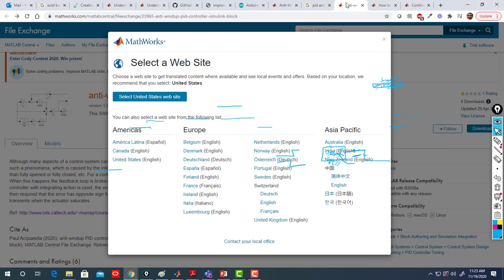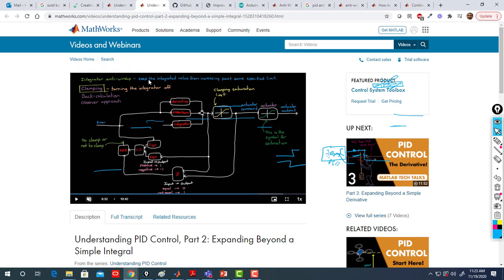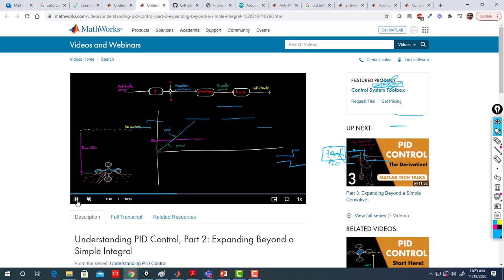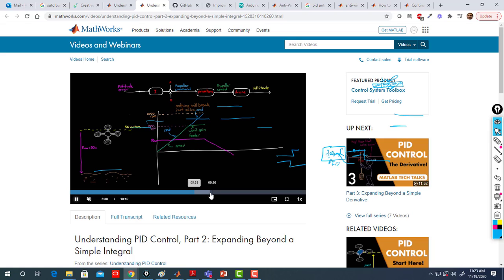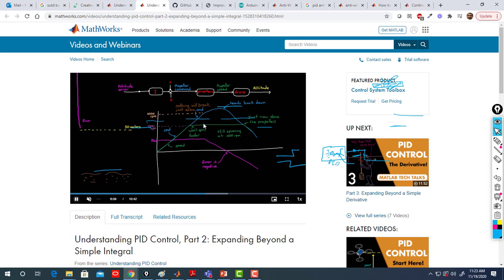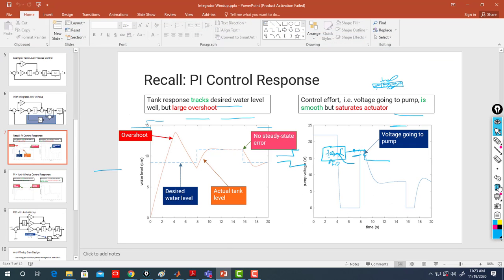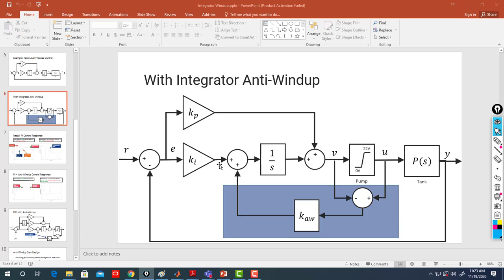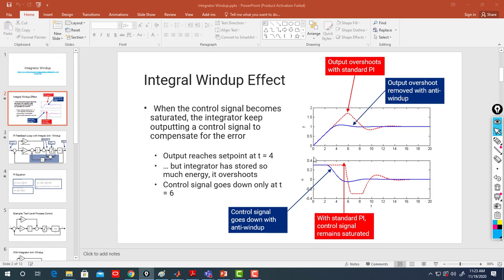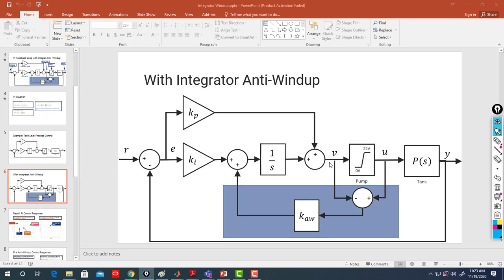As the video explained to you, as you can see here, it takes time to return back, even if we reach the set point, like in here.